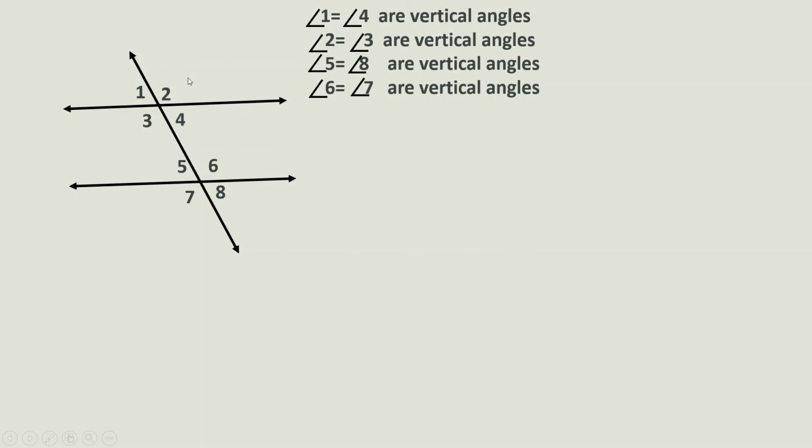Now let's classify which are vertical angles. Angles 1, 4 are vertical angles because they have the common endpoint but no common side. Angles 2, 3 are vertical angles. 5, 8, and 6, 7. Now let's draw a diagram.